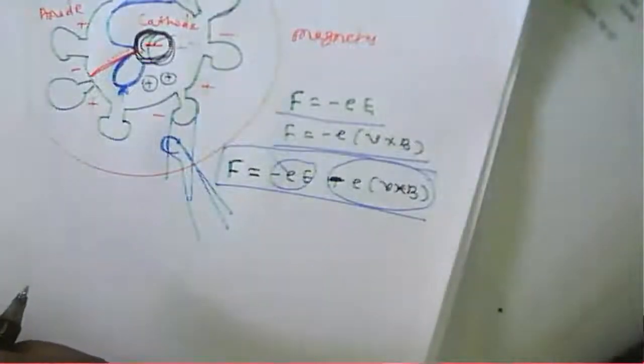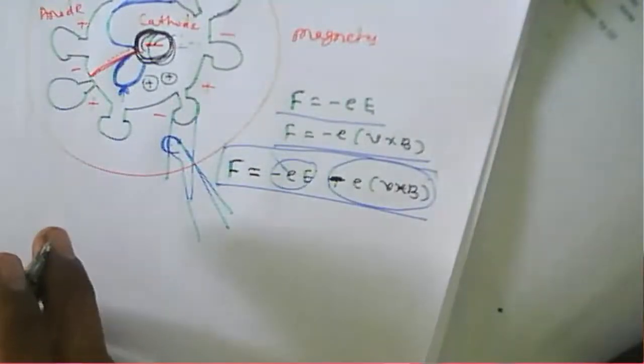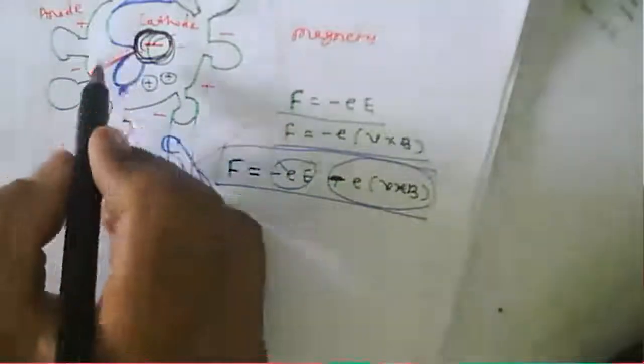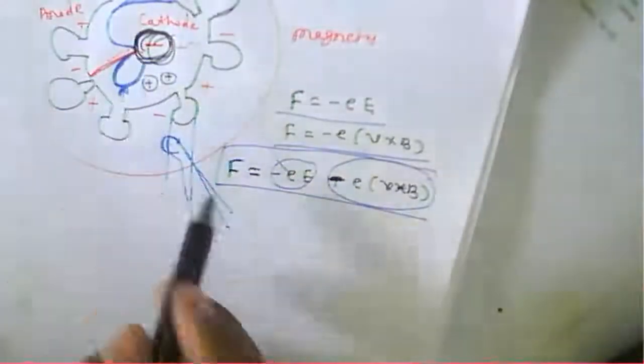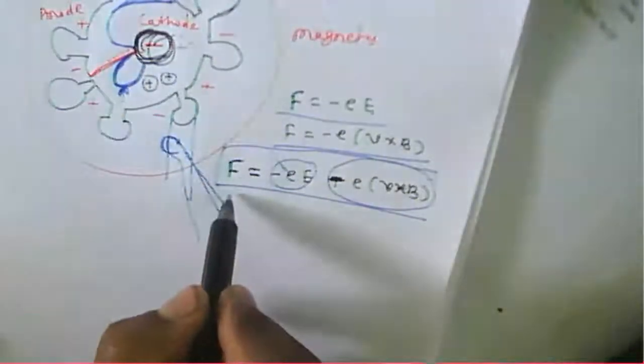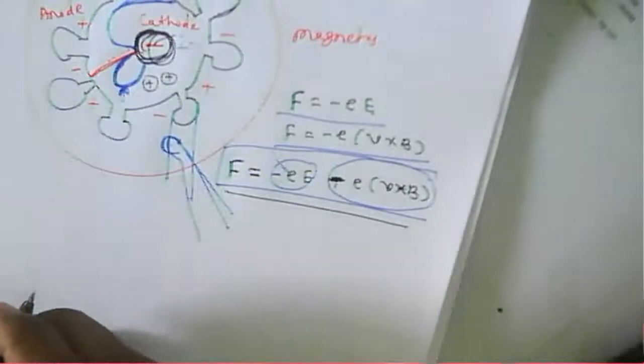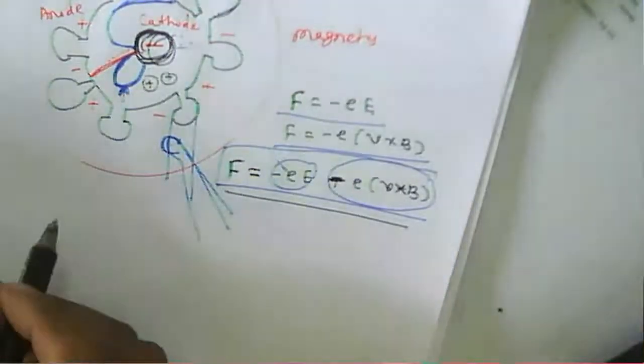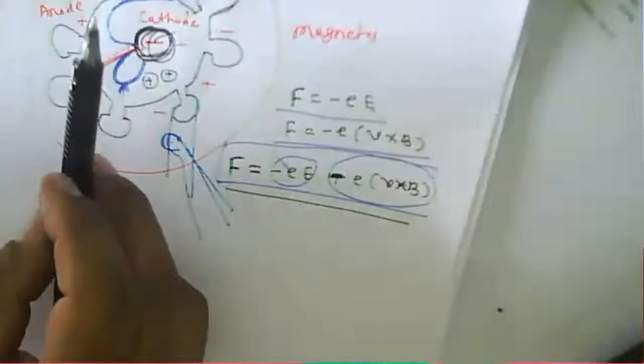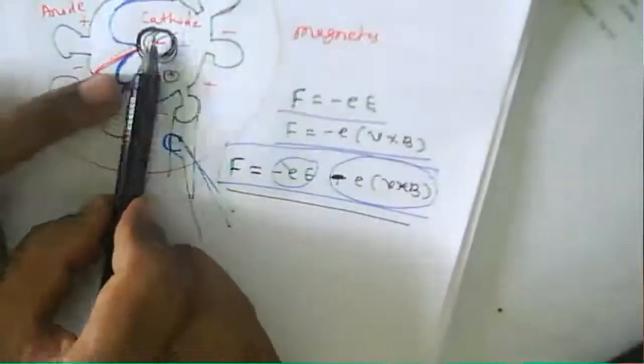If there are both fields, the electric field as well as the magnetic field, then the force exerted on the electron is given by this expression. And the magnetic field is in this particular direction.